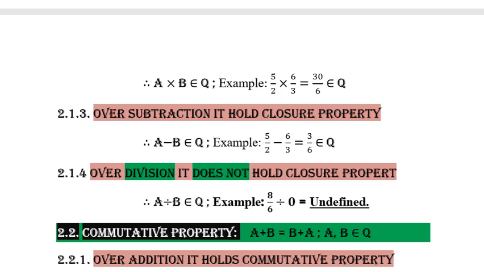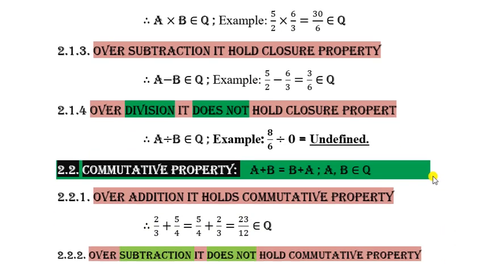We cannot find a result. For example, 88 by 6 divided by 0 is undefined. That means division does not hold closure property. Remember, that's very important.